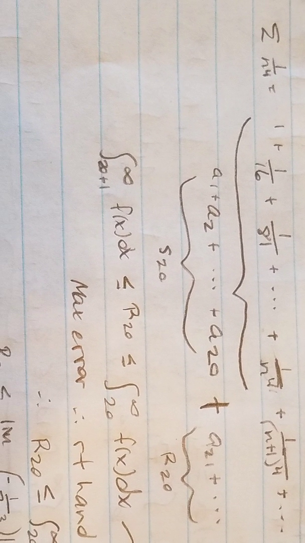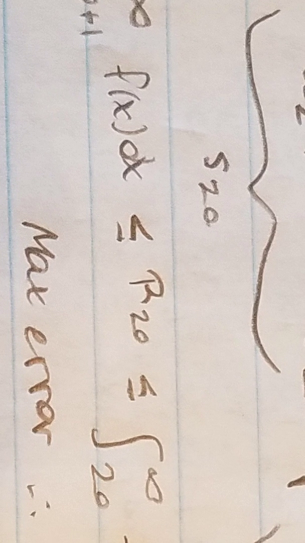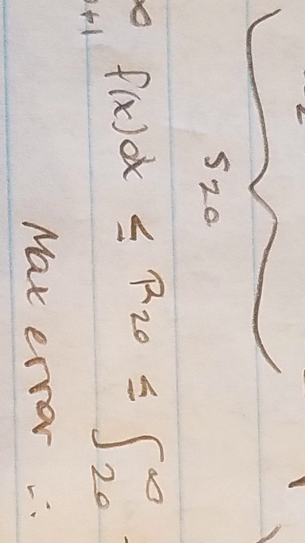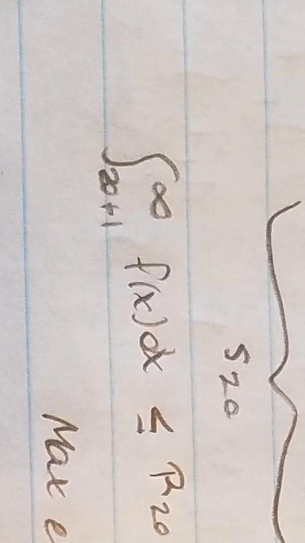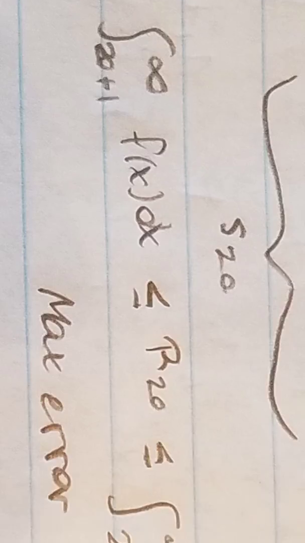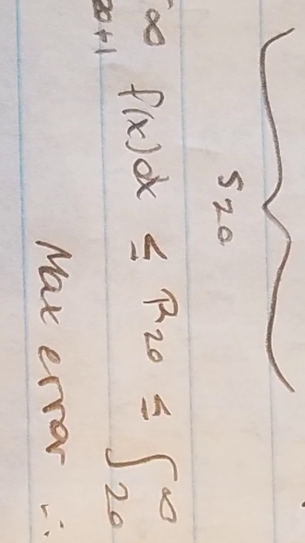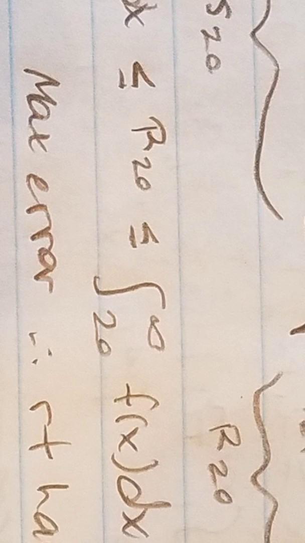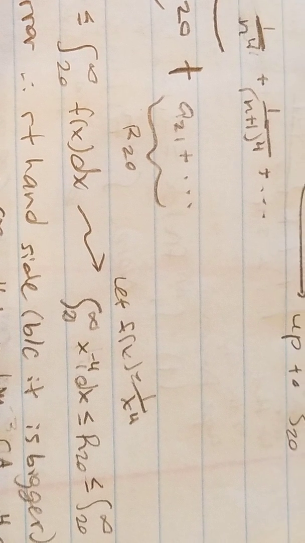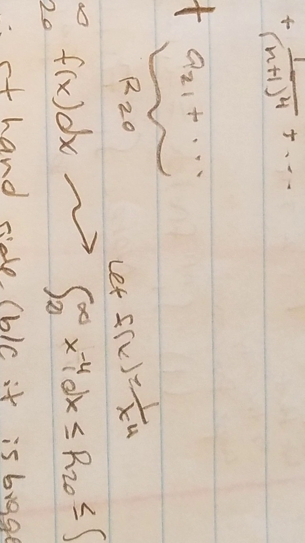So now let's actually jump into the problem. The remainder such that n equals 20. Well, the integral from n plus 1 to infinity, so 20 plus 1 to infinity of f of x dx is going to be less than or equal to r sub 20, which is going to be less than or equal to the integral from n, which is 20, to infinity of f of x dx. You have to say let f of x equal 1 over x to the fourth.